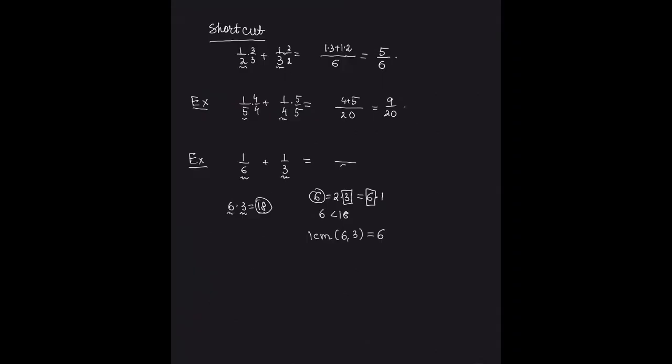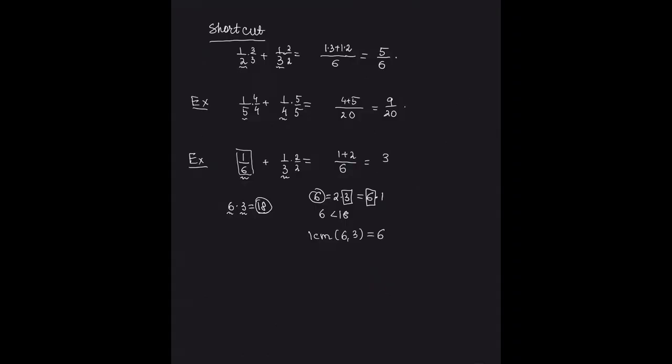So we are going to have 6 in the denominator. So 1/6 already has 6 in the denominator. So as far as this fraction is concerned, we don't multiply it by anything. However, we need to multiply 1/3 by 2/2 to make sure that it has 6 in the denominator. So in the end, in the numerator, in the answer, we have 1 plus 2.